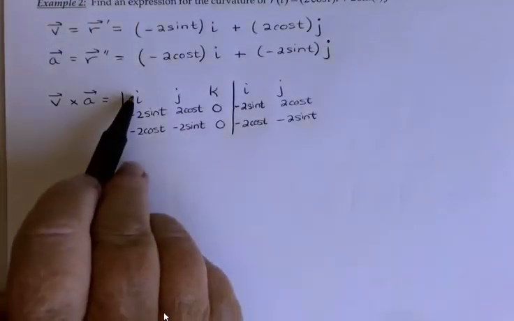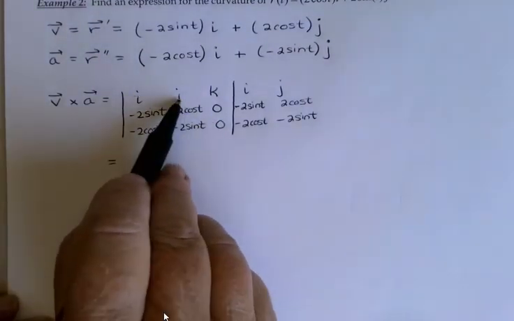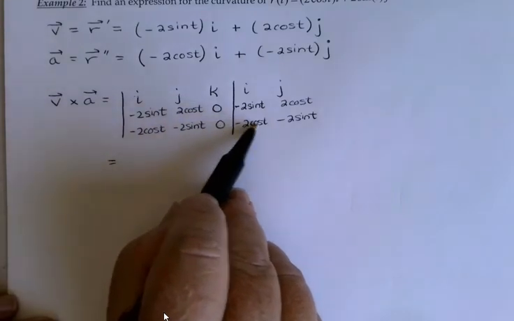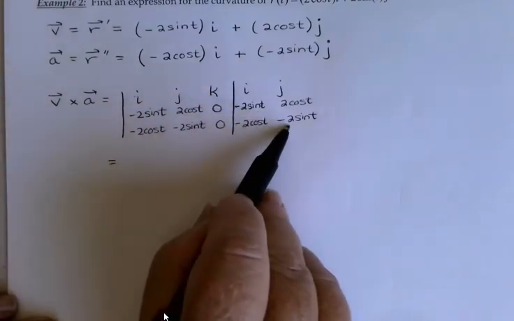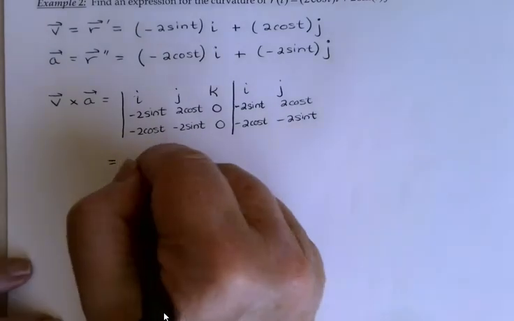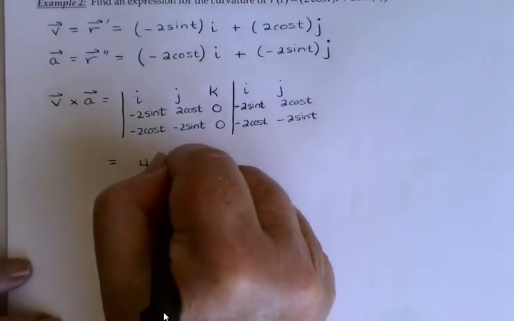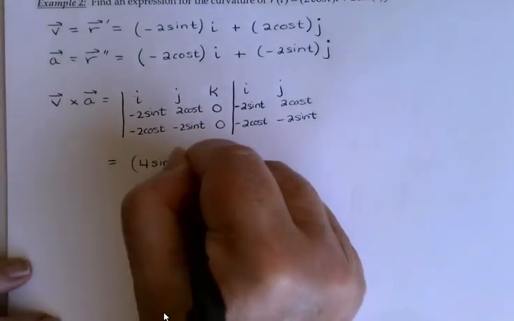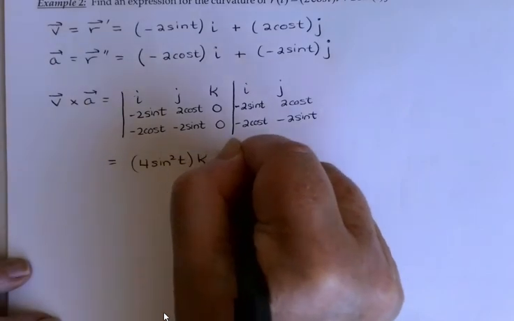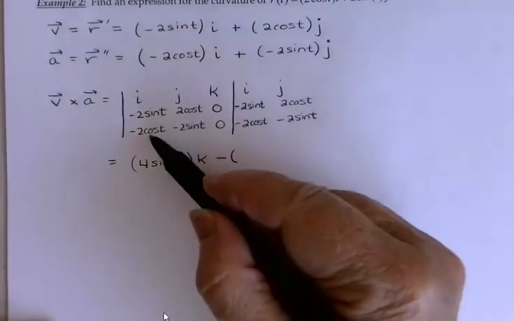So in my case, I'm going to get 0 for i, 0 for j, and a positive 4 sine squared t for k. Subtract.